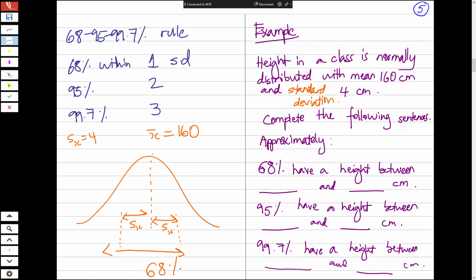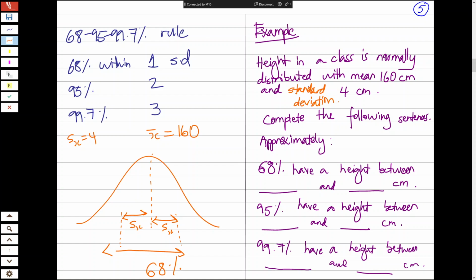Here's what's happening. We've got a normal curve like this. This is the mean, and this is the standard deviation here. If we go out from the mean in both directions by one standard deviation, we get 68% of the data.